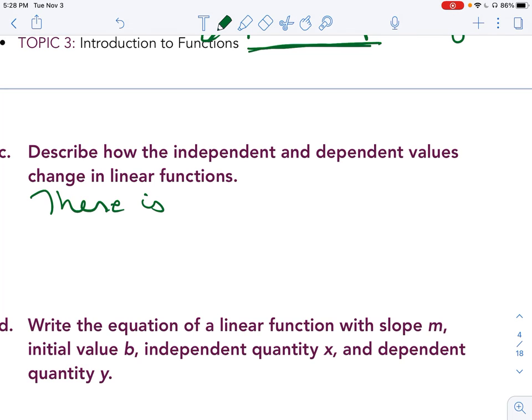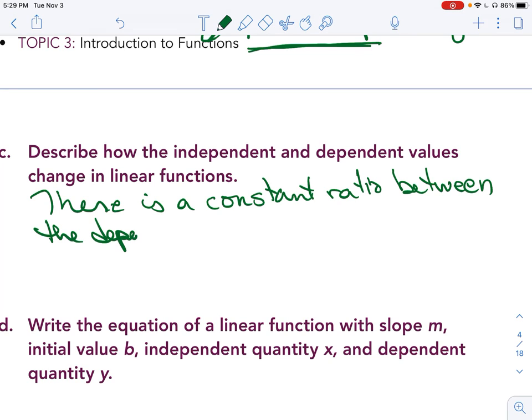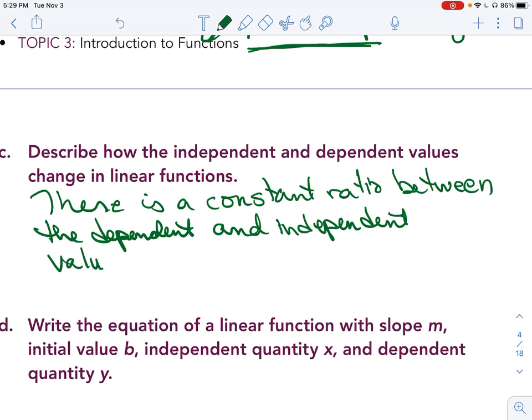There is a constant ratio between the dependent, remember the y goes on top, the dependent, and independent values in linear functions.